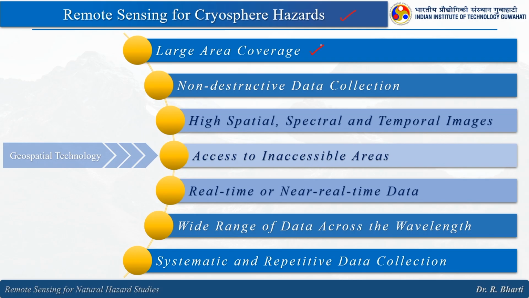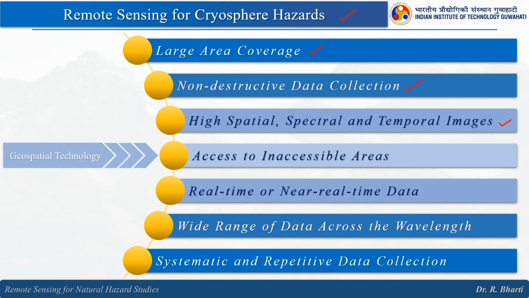Particularly, it has a large aerial coverage, which is very important. Then the data we gather through remote sensing is non-destructive in nature. That means it is not disturbing the area acquired by the sensor, so we are not disturbing the sample.